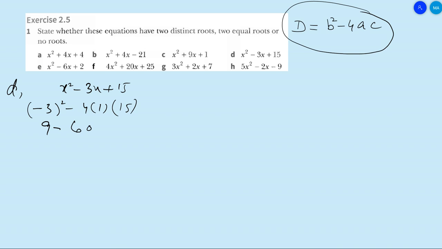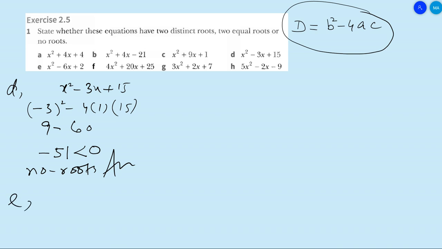And 9 minus 60 is minus 51. And you know anything which is minus is always less than 0. So if our discriminant is negative or less than 0, then we have to say no roots. This is the answer of part D.